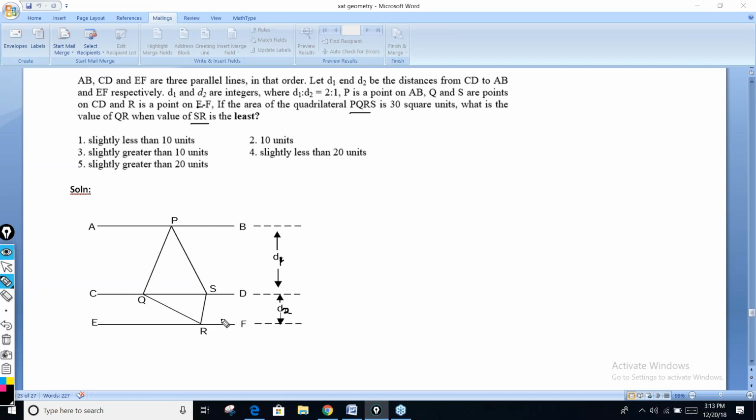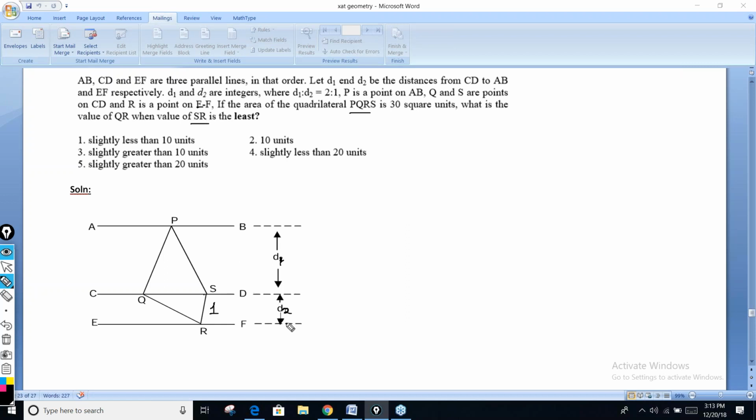SR is the least. Now D1 and D2 are given as integers, and I think one more line was given which is missing in this question. Okay, SR is the least. So if SR is the least and this is an integer, this can be only 1.